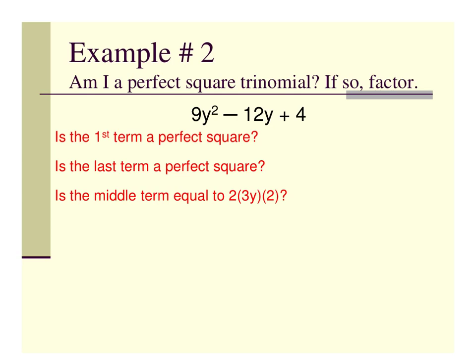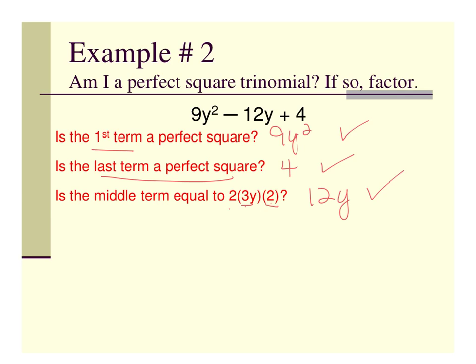Alright, next example. Same three questions. Is the first term, 9y squared, a perfect square? Yes, it is. Is the last term, 4, a perfect square? Yes, it is. So now, is the middle term equal to 2 times the square root of the first times the square root of the second? 2 times 3 is 6, times 2 is 12. So that's 12y.